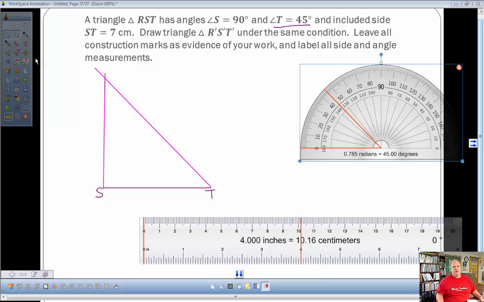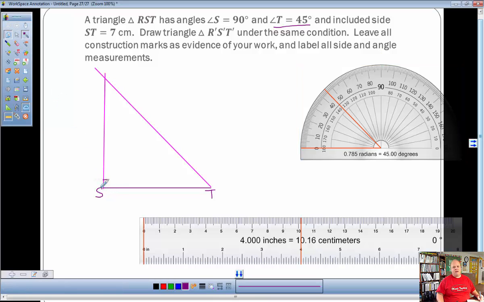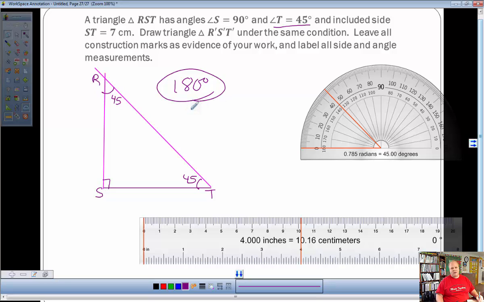And I know that this angle, angle S, is 90. This angle here is 45. And that would mean angle R has to also be 45. Because if I add all three of these up, they're going to equal, you guessed it, 180 degrees.